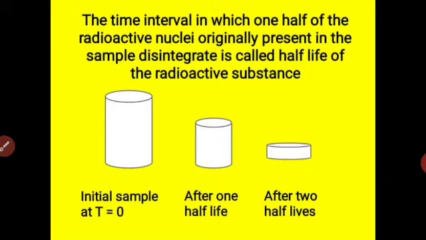After the fourth half-life, we will have half of 8, that is 4. Thus, the number of nuclei in the sample goes on decreasing with the increase in time. This is what we mean by half-life. It is the time during which the number of nuclei reduces to half of the nuclei present initially.